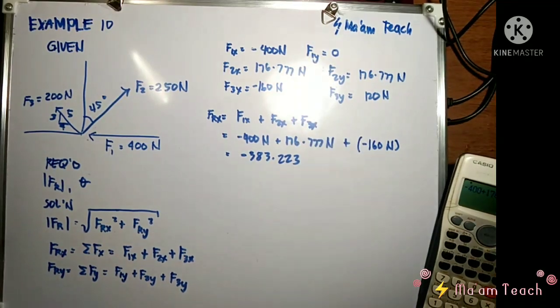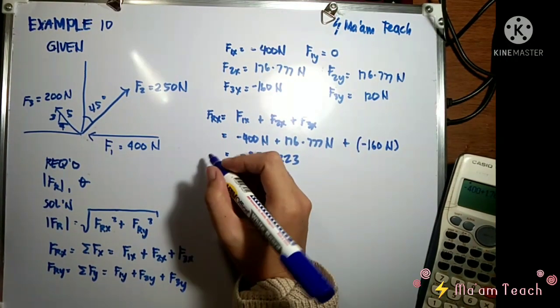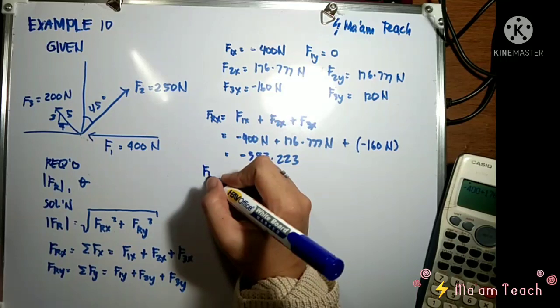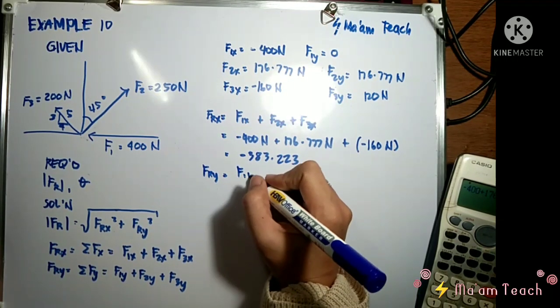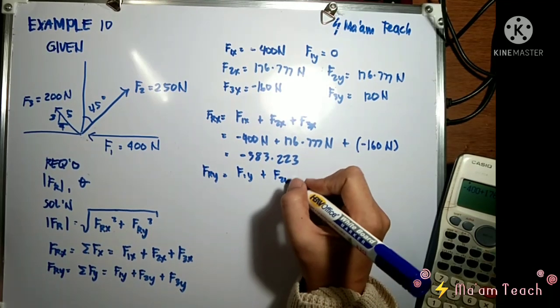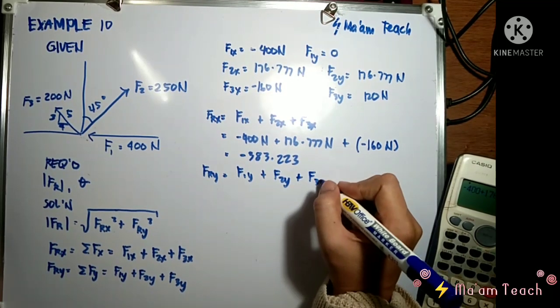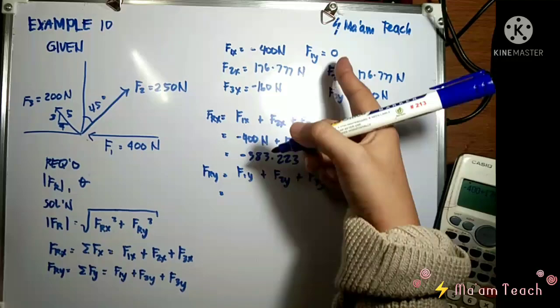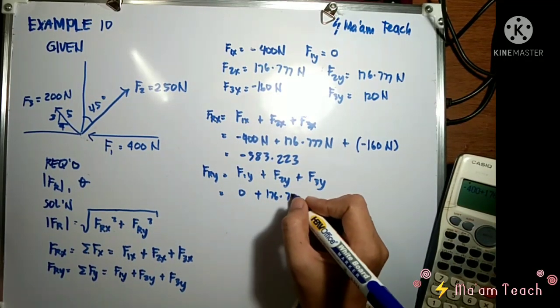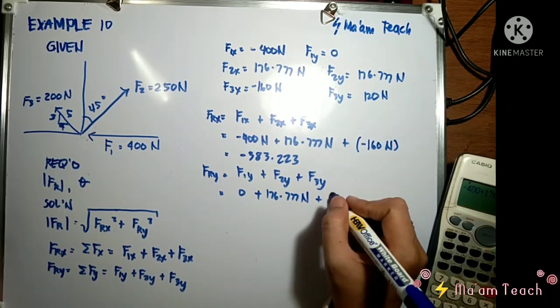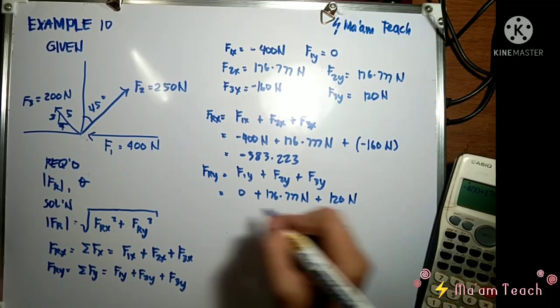Now, how about for the Fry? For the Fry, we have F1y, F2y, F3y. So we have 0, we have 176.77 Newton plus 120 Newton.